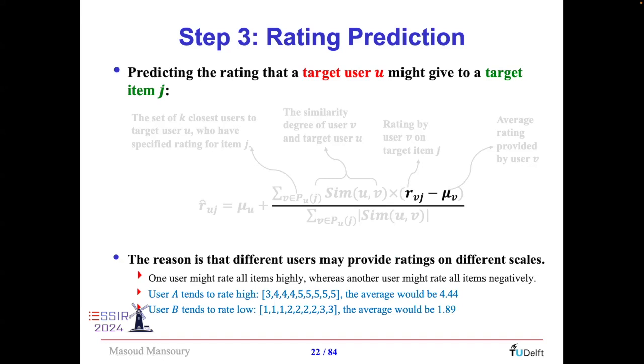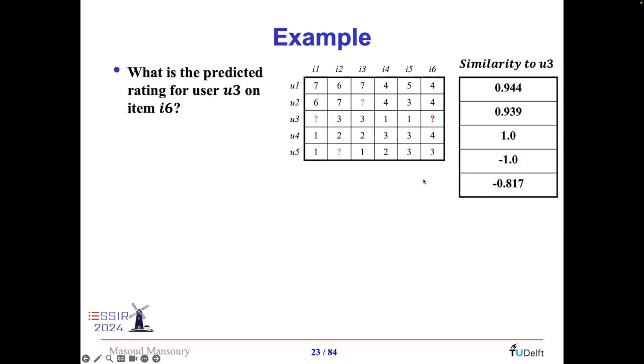So to capture these differences, we have this term in the rating prediction equation, to compute the mean-centered difference of the rating with the mean, to capture the differences of the users in providing their ratings to the system.